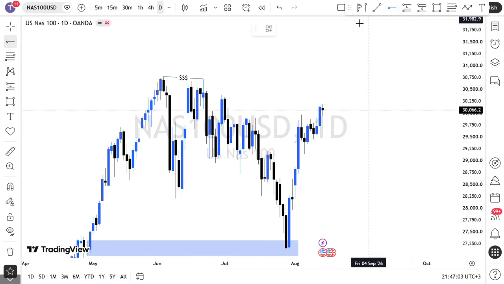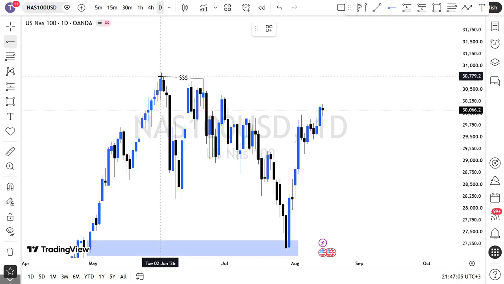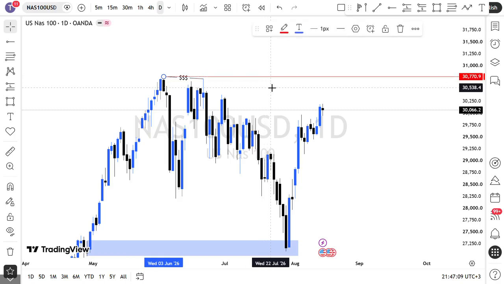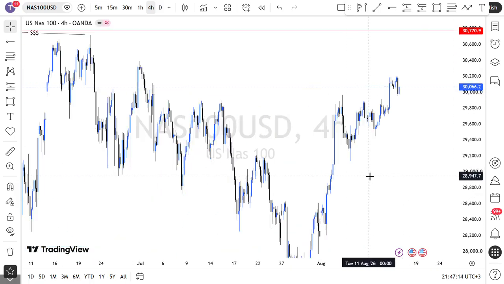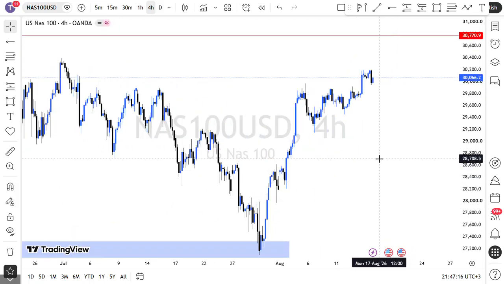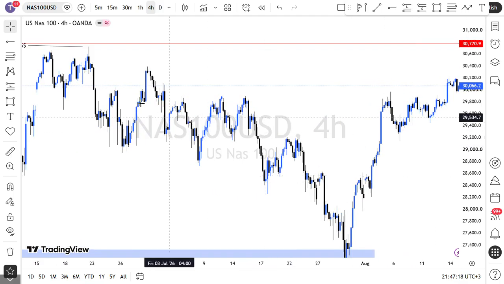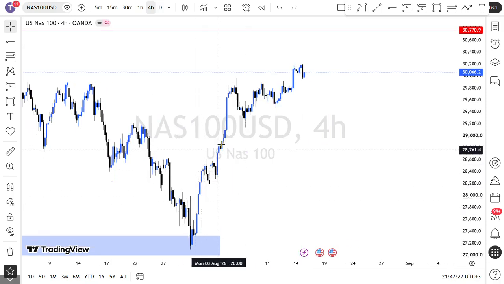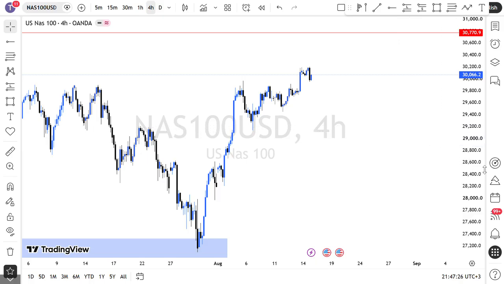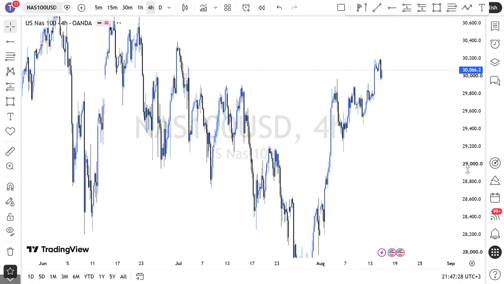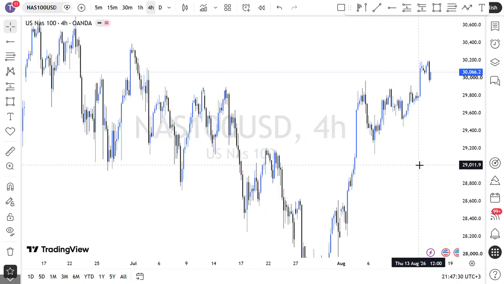So I expect price to be taking both these highs, and therefore if I drop into the 4-hour time frame, we have that massive buying. You can't even compare how the price has been moving down with how the price has been moving to the upside. So at this moment, I expect more buys on NAS 100.